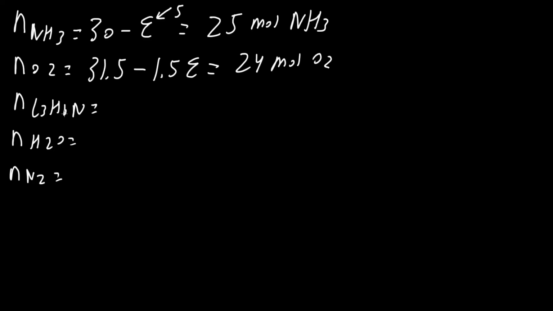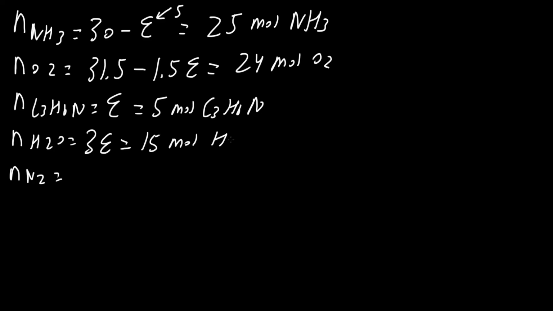Then C3H3N, we had 1 extent of the reaction, so that's going to be 5 moles of C3H3N. And then water, we had 3 extent of the reaction, so that's going to be 15 moles of H2O.